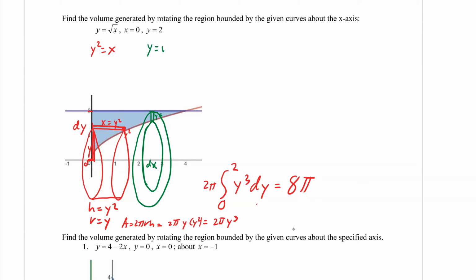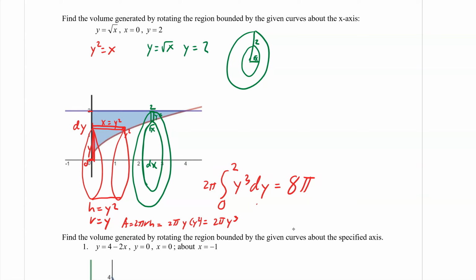So we have y equals square root of x, and we have y equals 2. So the big radius here, right, is going to be the 2. So let's draw our washer, and then we'll label it. So the big radius is the 2, and the little radius right down here is our square root of x.